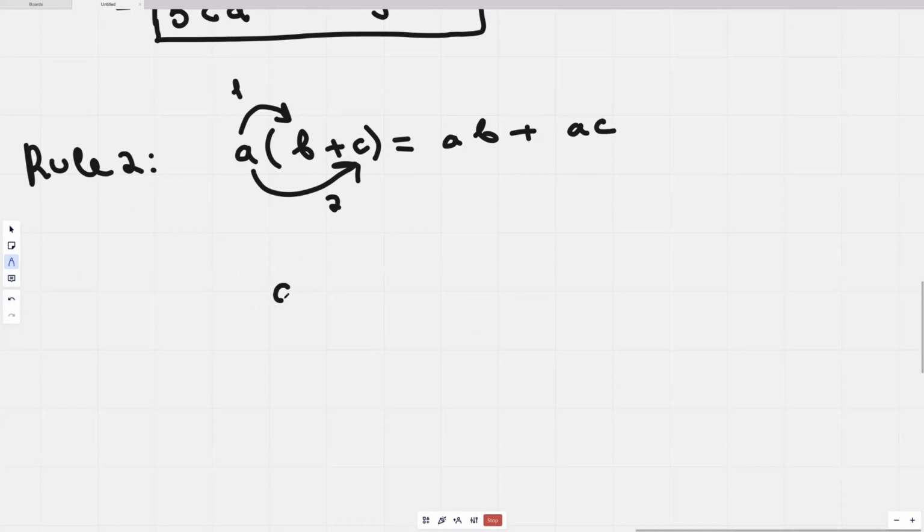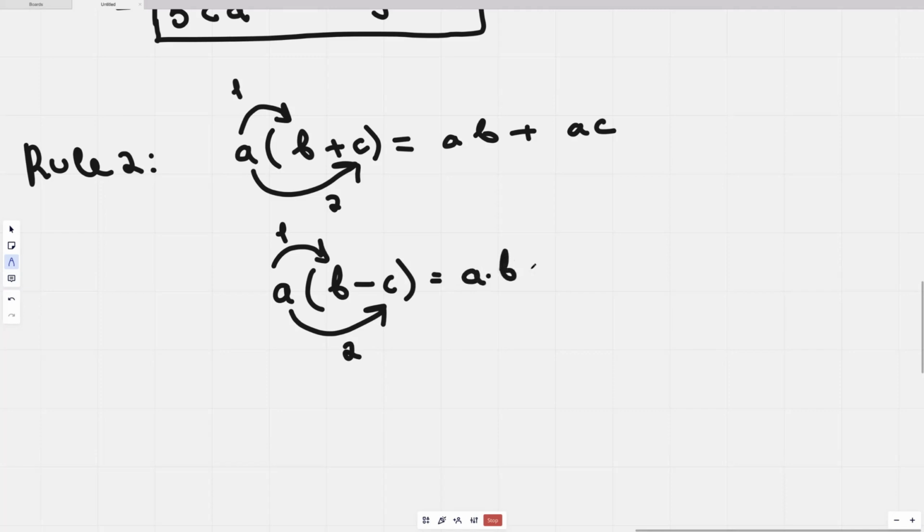What will happen with a, b minus c? This is just the same rule: a to b again, and a to minus c secondly.